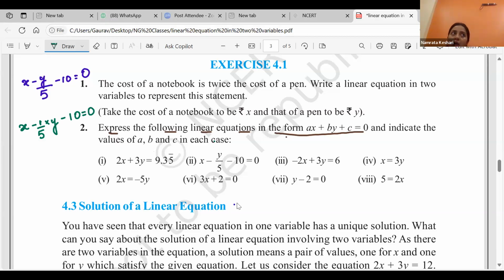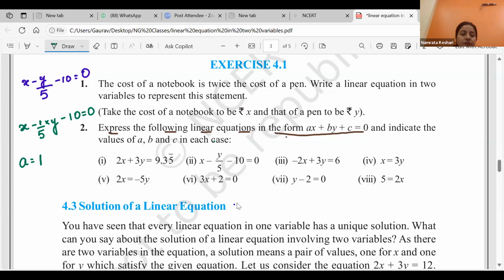So that if I ask you what is b, you will be able to tell me: whatever is multiplied with y, that is b. Already RHS is 0. Now what is a? The coefficient of x is a. That is plus 1. Yes or no?